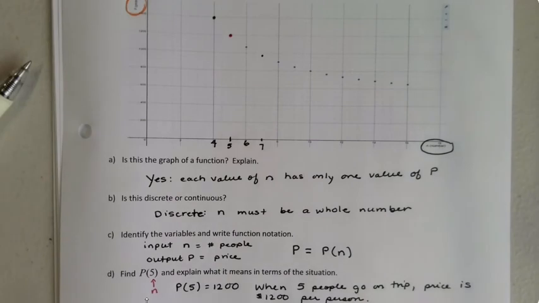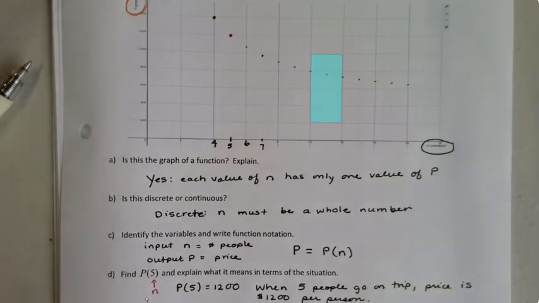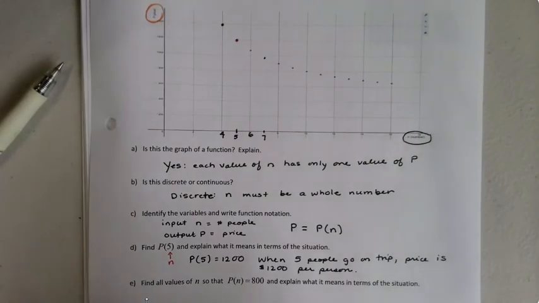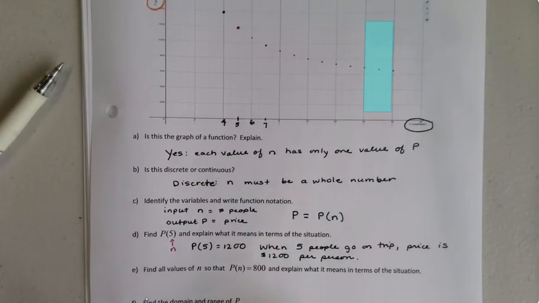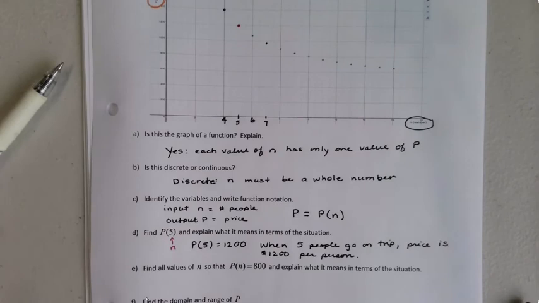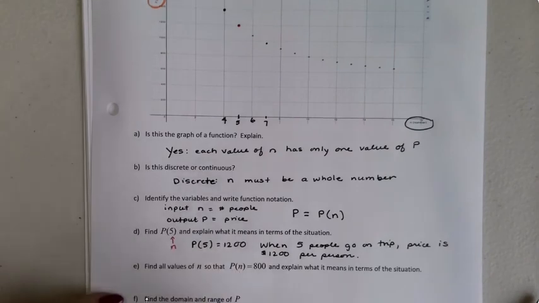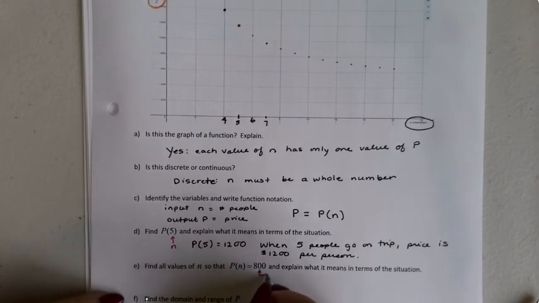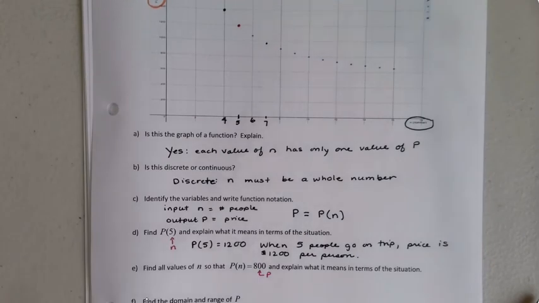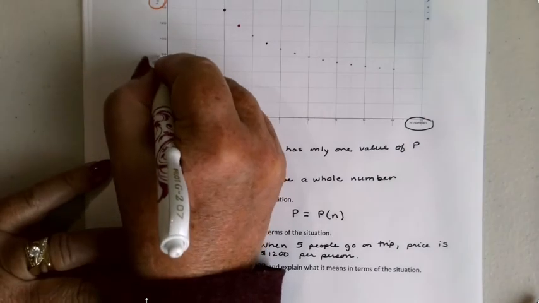All right, the next question, find all values of n so that P of n equals 800. So this time we're finding n. The 800 is the value of P. So I'm going to come up here to my graph and I'm going to say, well, let's see.